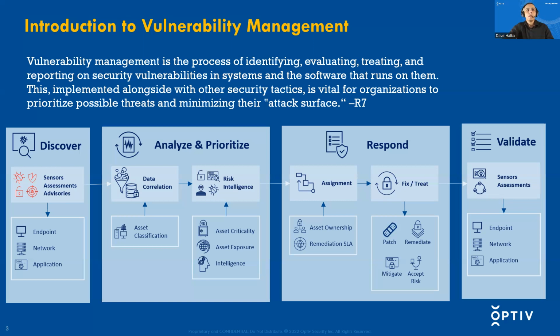The vulnerability management process starts with discovery. In this process, we discover the vulnerabilities, and this is done by the vulnerability management software, in cloud or on-prem, it doesn't matter.